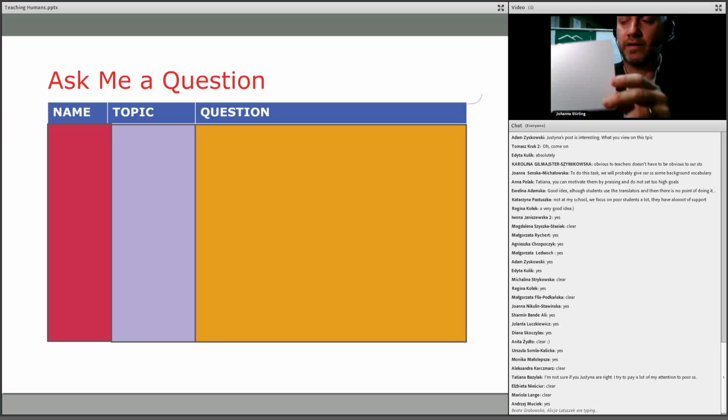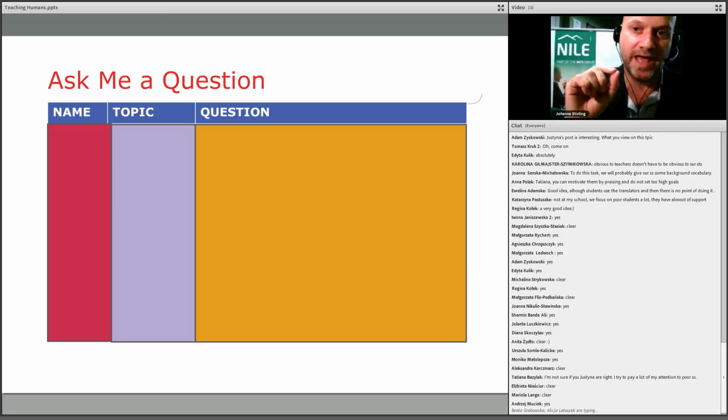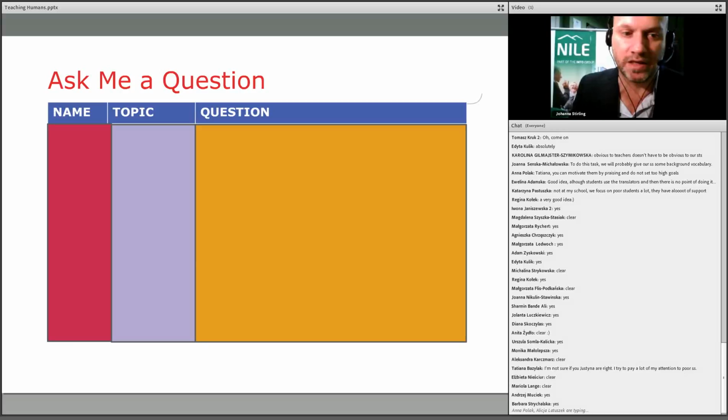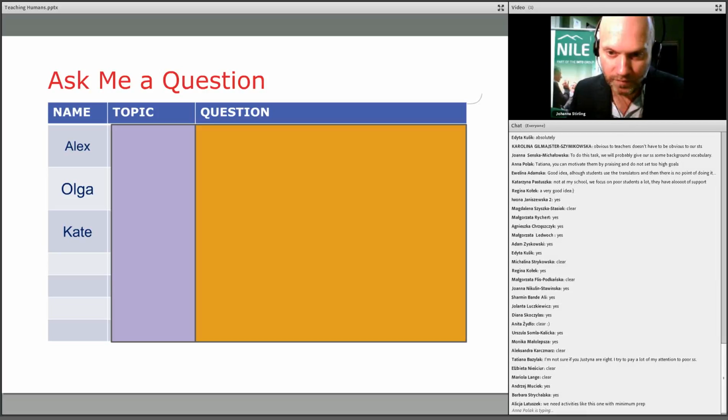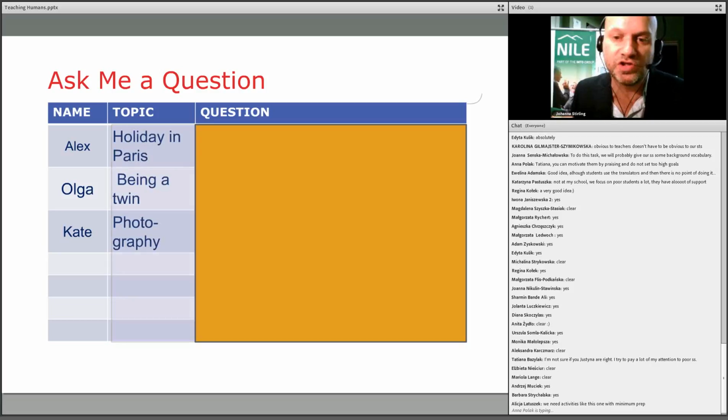That way, okay. And on that piece of paper, they put 3 columns, 2 narrow and 1 large. And in the first column, you put the names of all the people in the class, right? And in the second column, you ask the students to decide what topics they are happy to talk about, right?